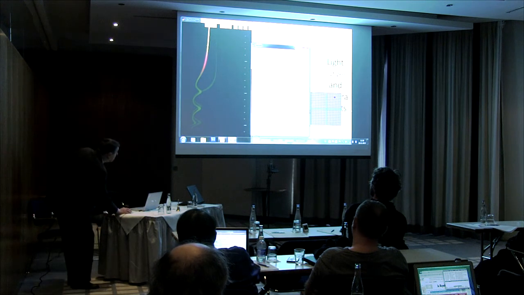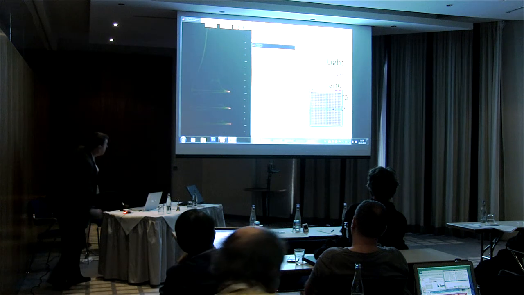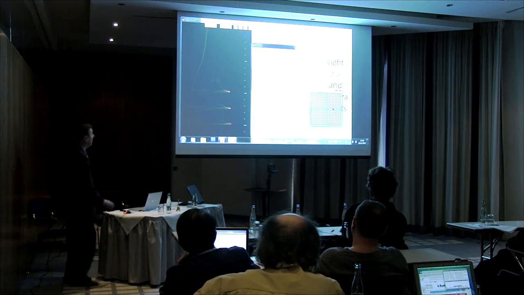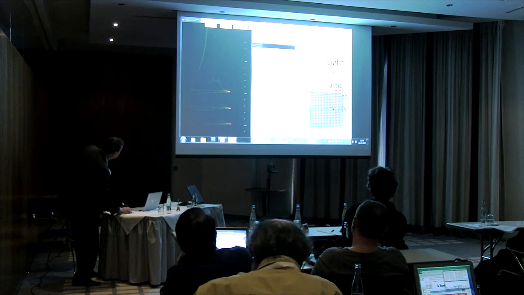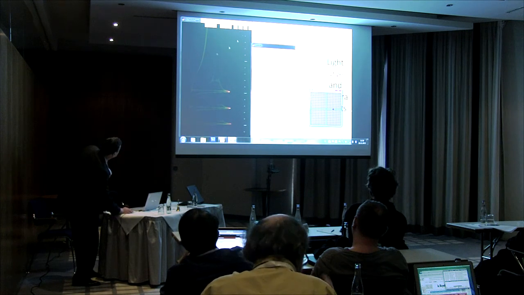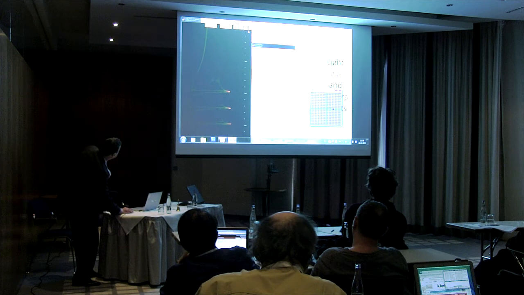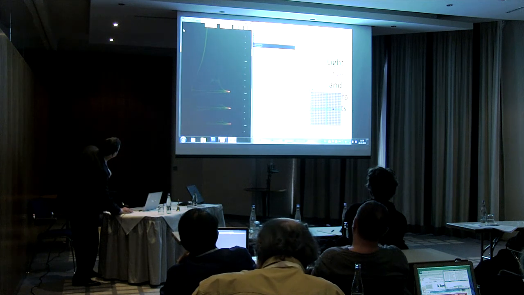Now, if you look from the equatorial plane, of course, the picture is quite different. You can also see what the spectrum would be as a function of time.